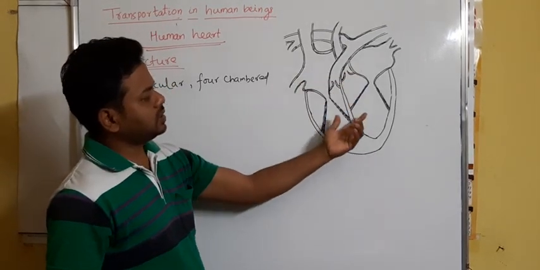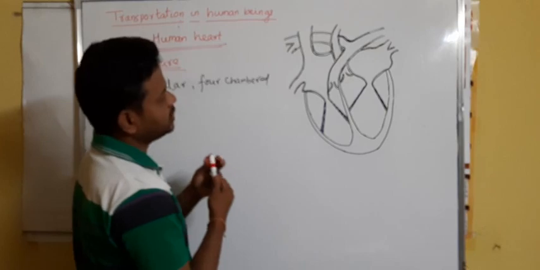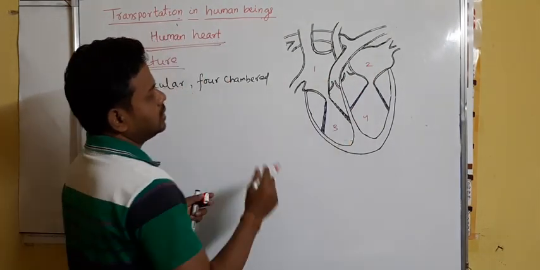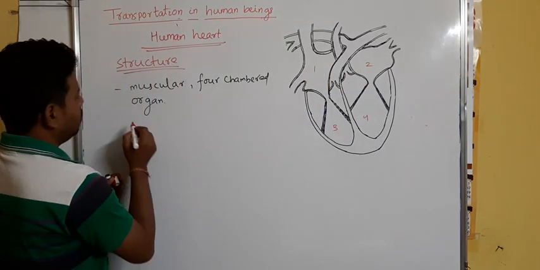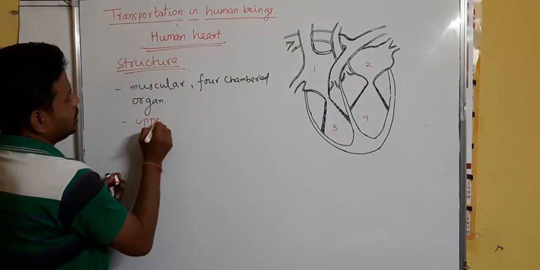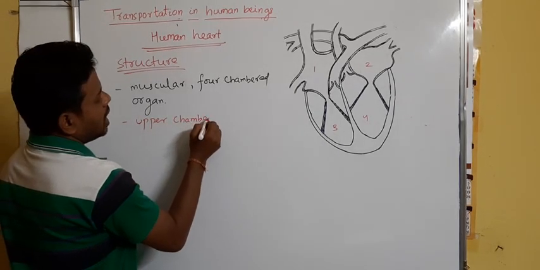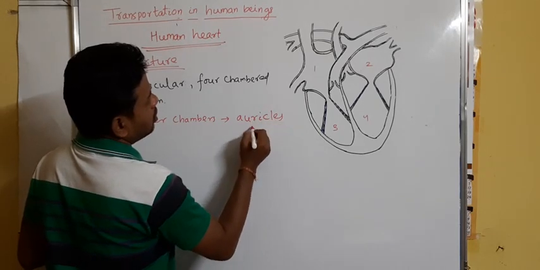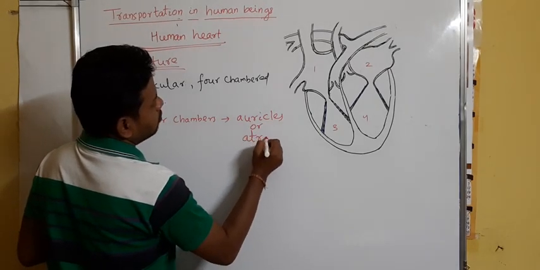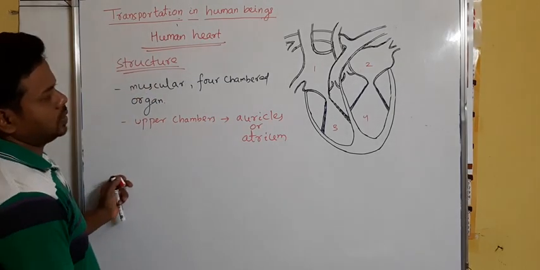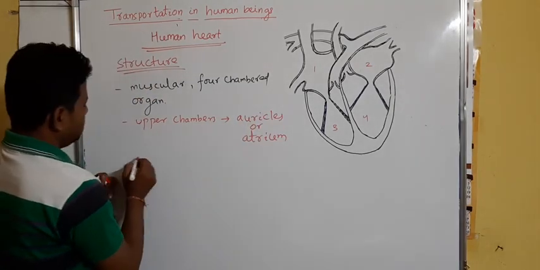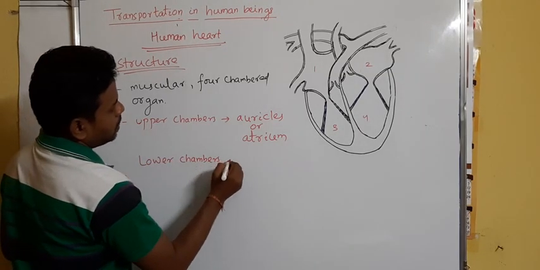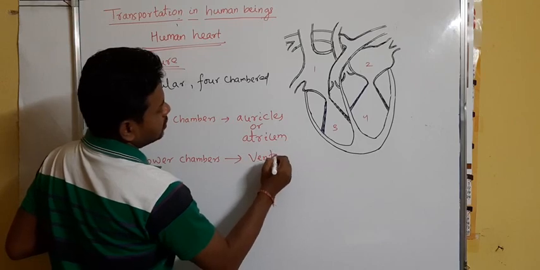The upper two chambers, you can see, these are the different chambers. The upper two chambers are called auricles or atrium, and the lower chambers are called ventricles.